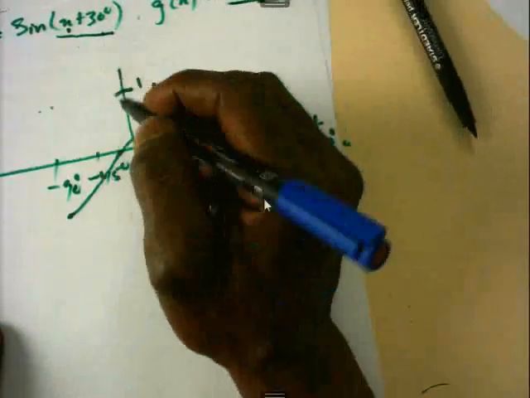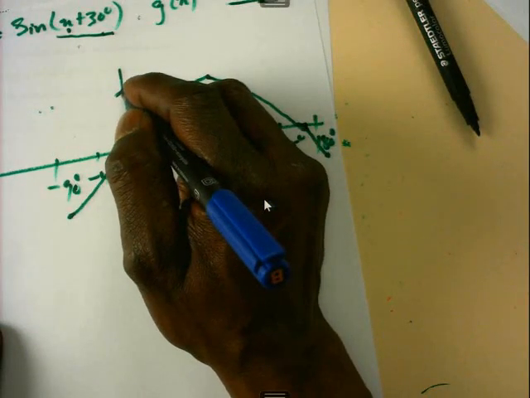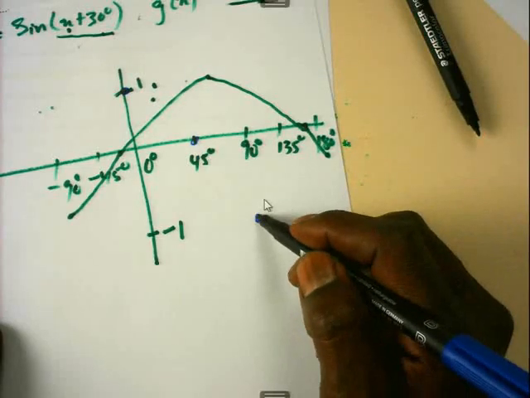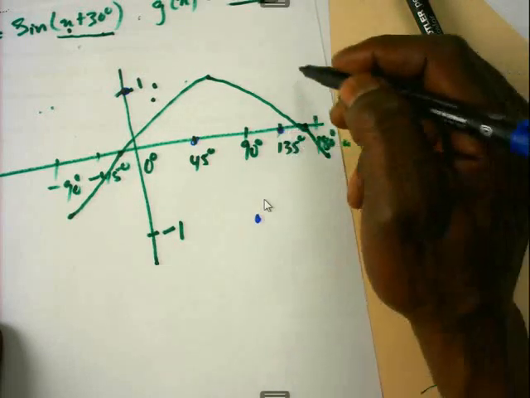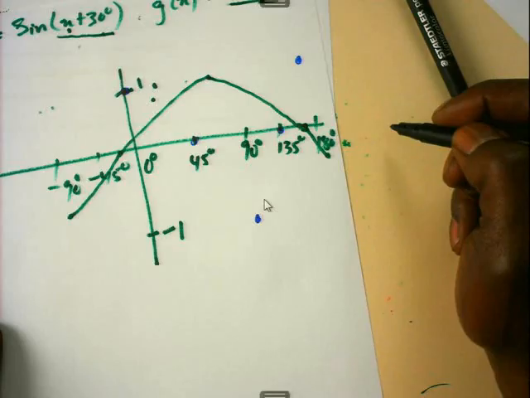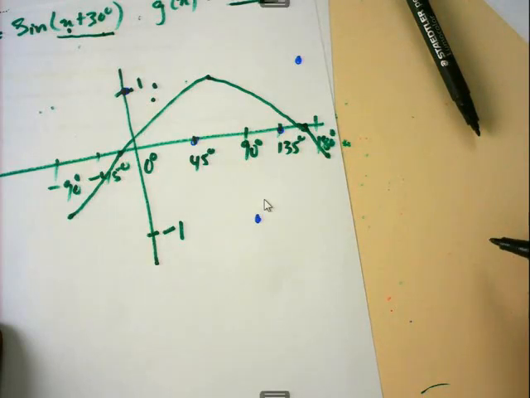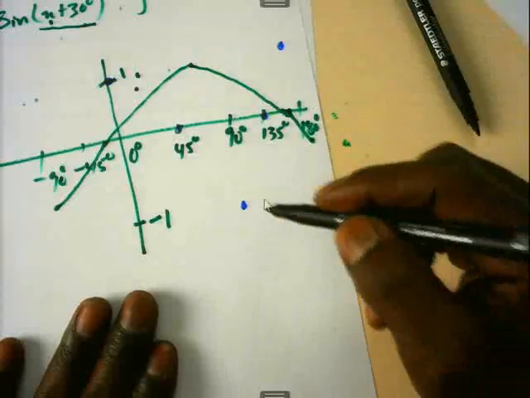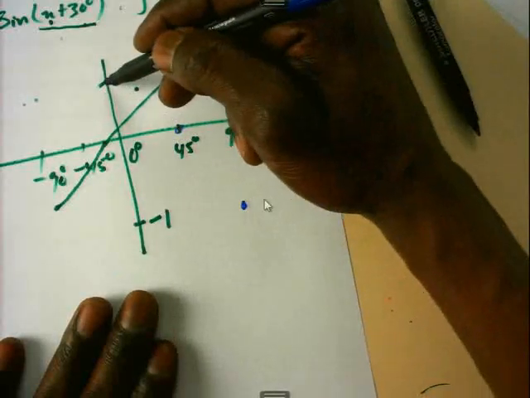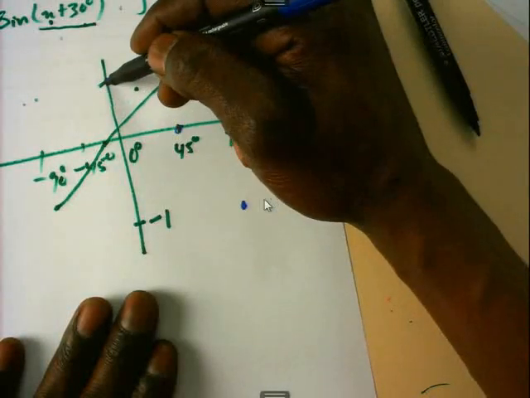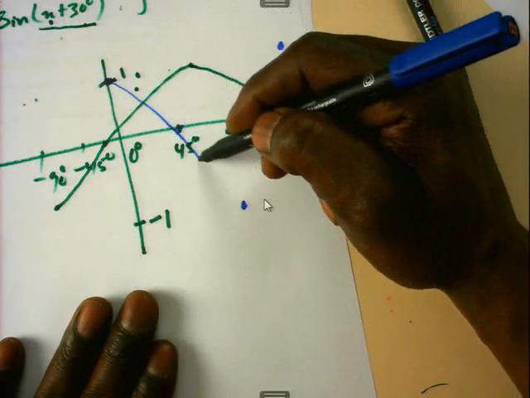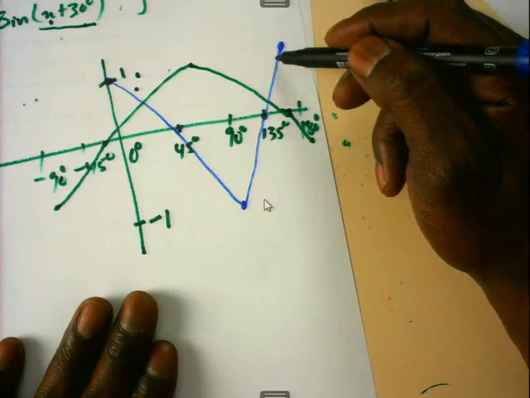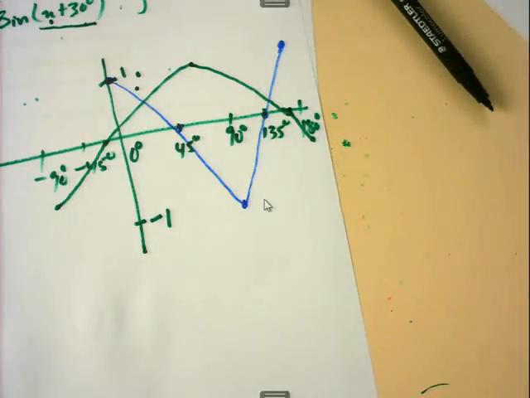I'm having 1, 0, negative 1, 0, 1. I'm tempted to say 0, negative 1, 0, 1. But I cannot do that. I'm restricted to work up to 180 degrees. So I join this set of points. This will be my curve.